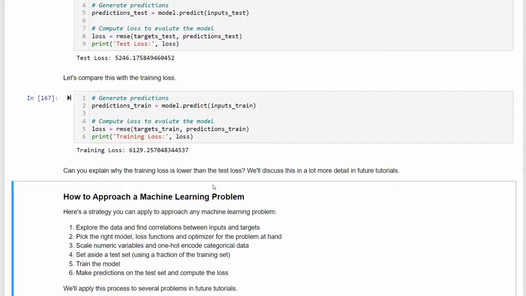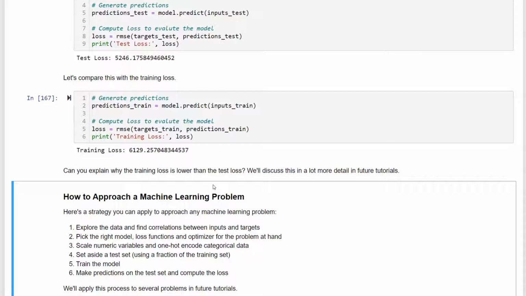We scaled the numerical values and used one hot encoding to convert the categorical data. Use of categorical data is also important in order to reduce the root mean square error in your model. So set aside a test set and split the data into the test set and the training set. This will impact your model training and selection.